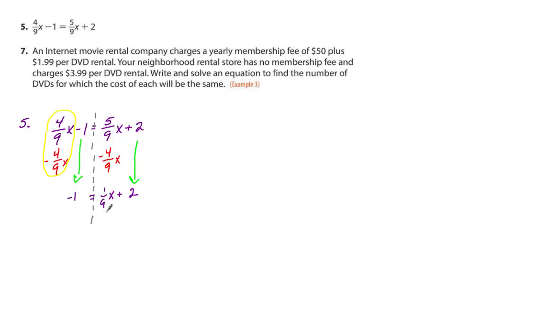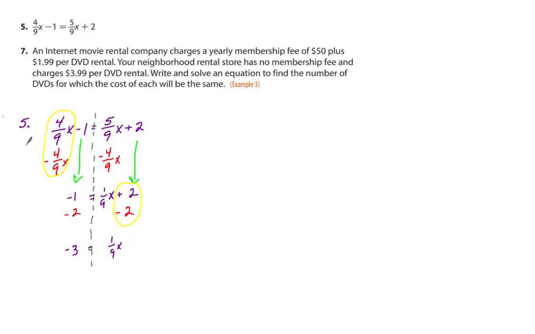My next step, since the x's are on the right side, is to get rid of the 1's from the right side. So I'm going to take away 2 on each side. When I do that, this cancels out. I'm left on the right side with 1/9 x, and that's equal to -1 minus 2 more is -3.